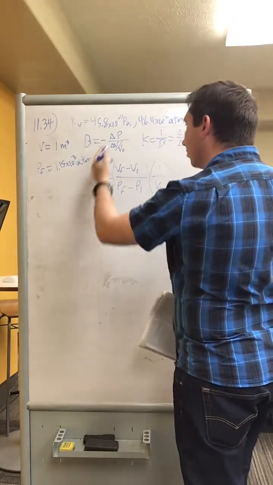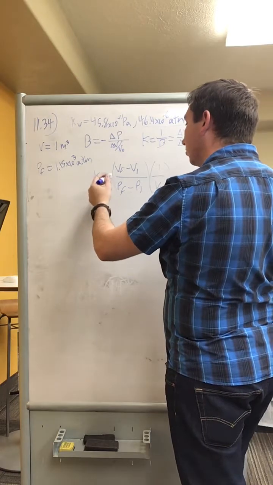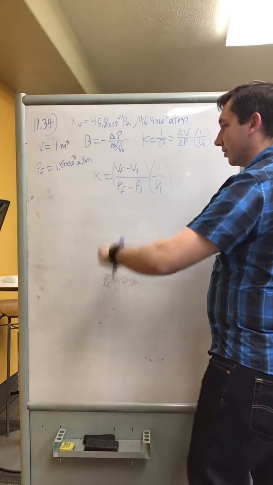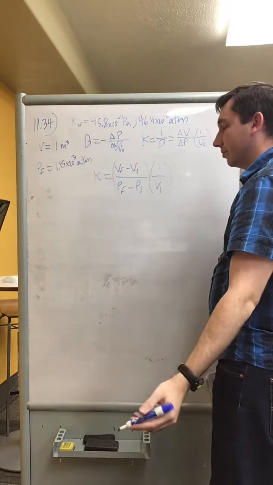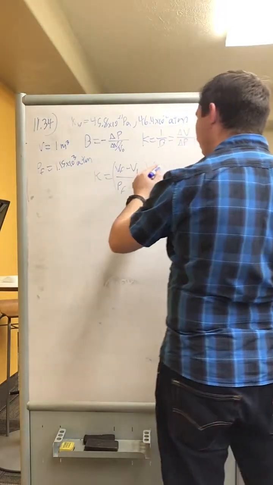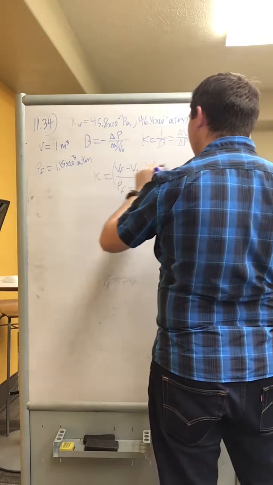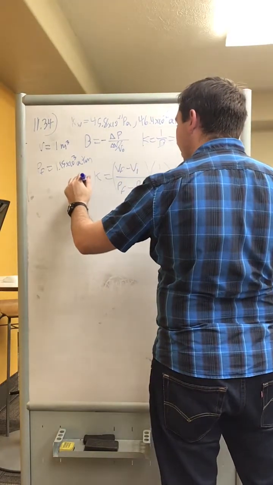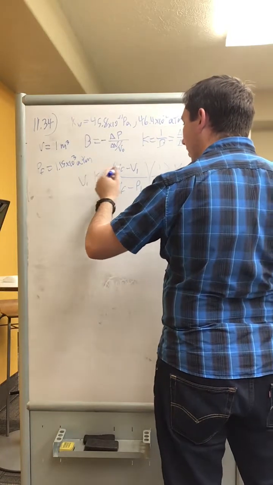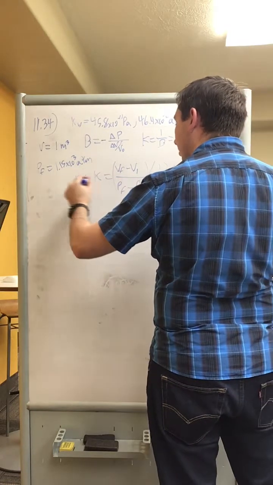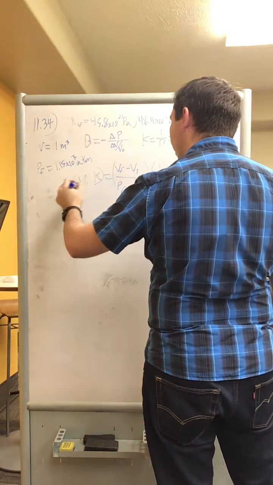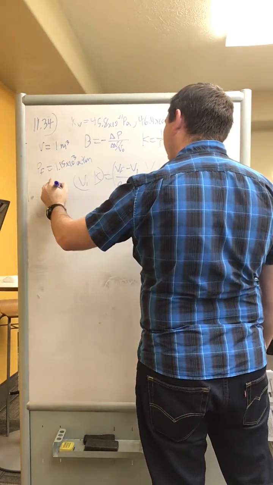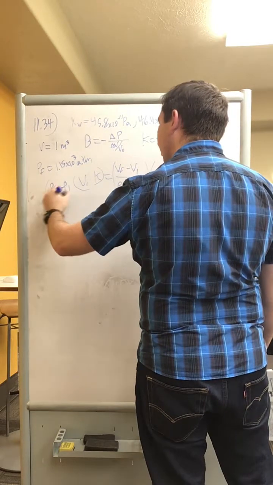So we can then substitute, but first let's isolate for our final volume. We have to multiply by the volume initial, and all of that is also going to be times pressure final minus pressure initial.